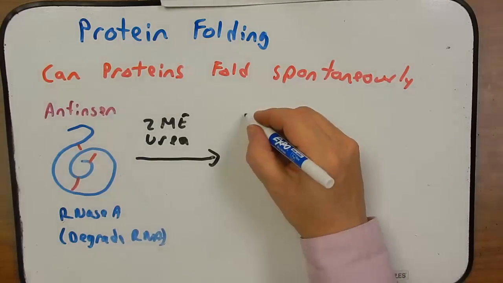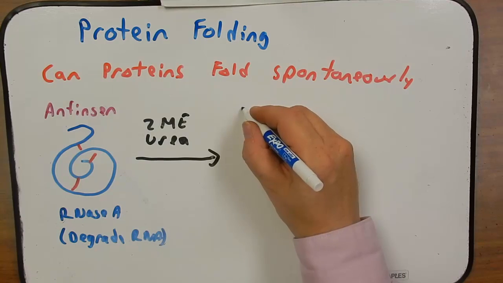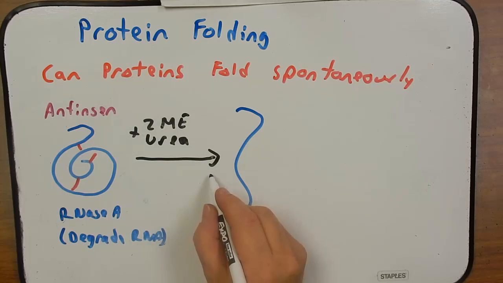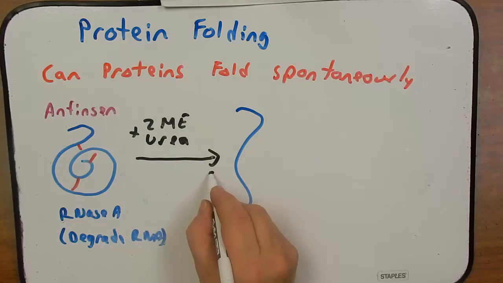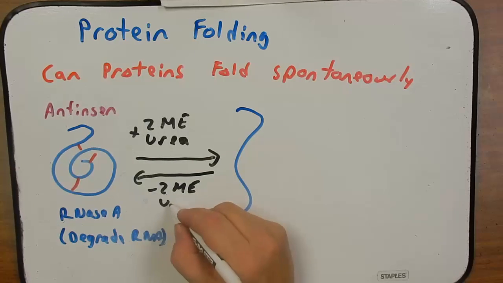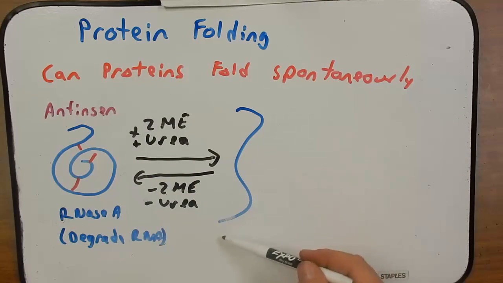And what happened then was the protein unfolded, and it's also non-functional in this state. What he discovered was when he removed these chemicals, so no beta-mercaptoethanol or urea, the unfolded protein here would fold back and be functional. This suggested that this enzyme could fold spontaneously, and indeed it can fold spontaneously.